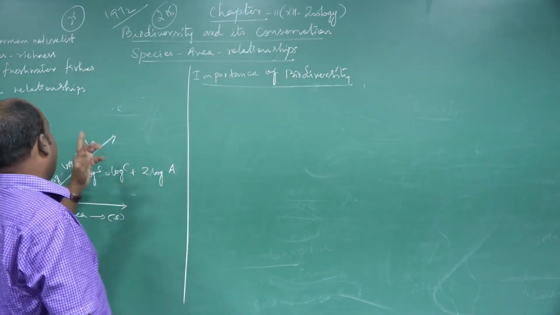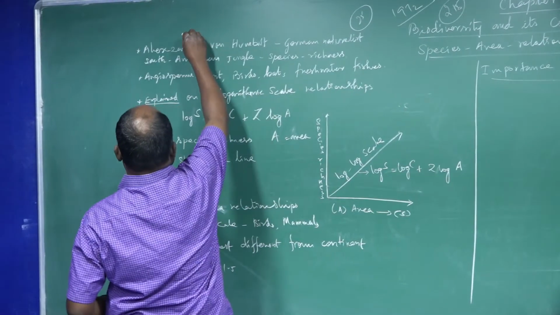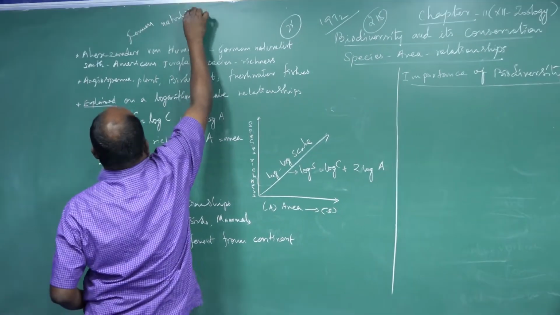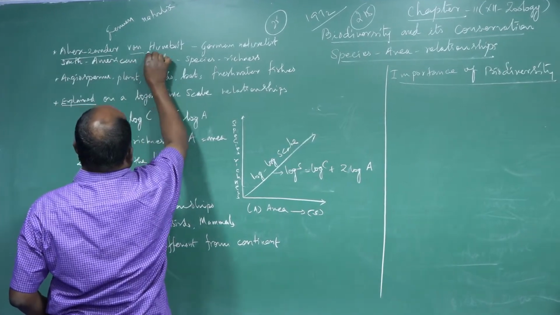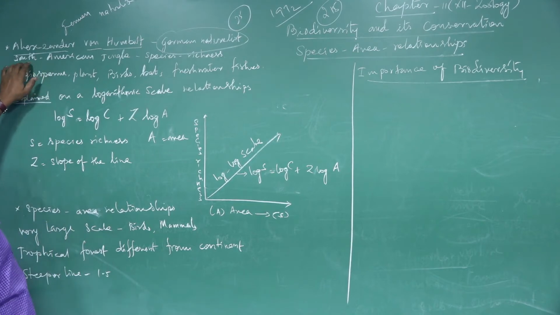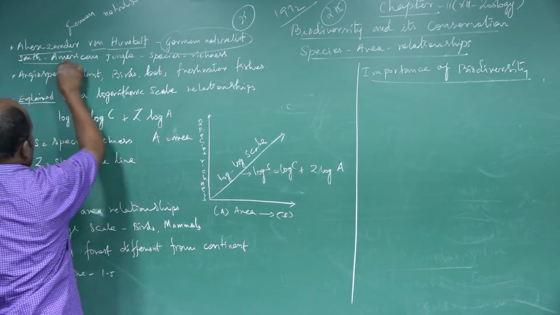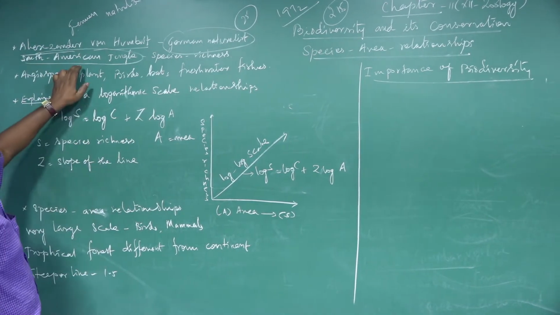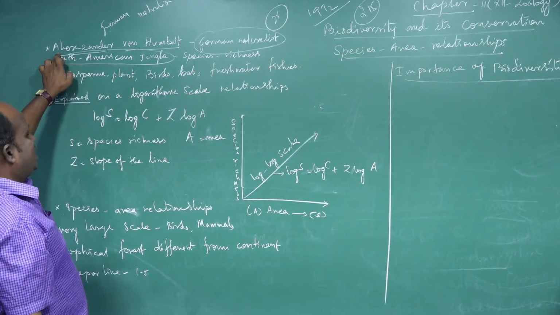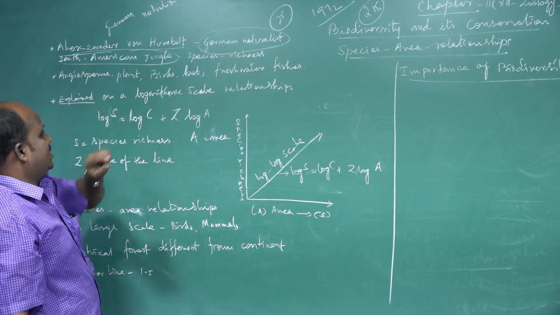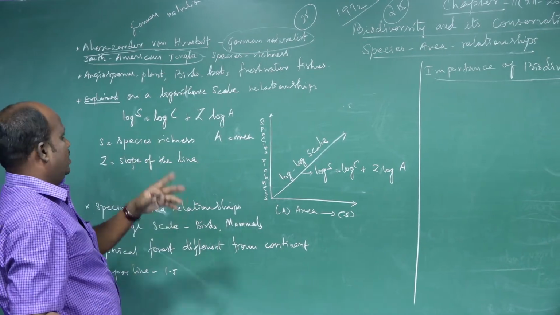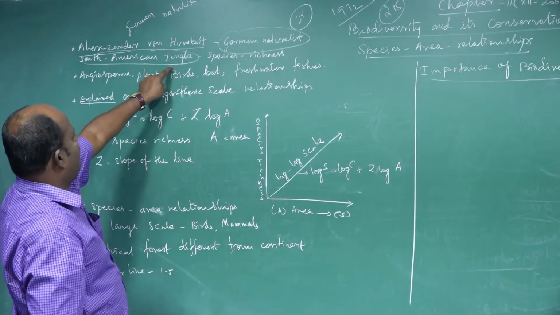The great scientist, the German naturalist Alexander von Humboldt, studied a particular area, the South American forest, and deeply observed and researched the topic.